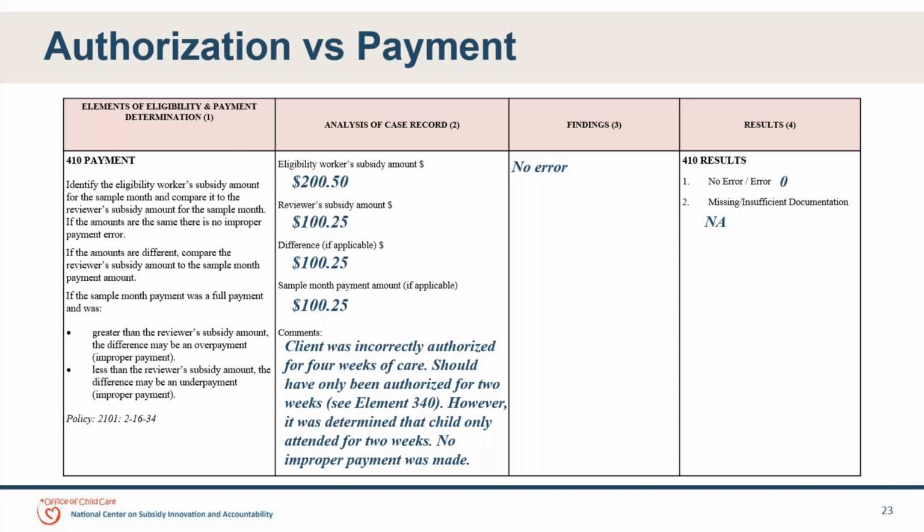So in every instance, the eligibility worker subsidy amount would be the amount at eligibility or redetermination that included the deduction of the parent fee. So every payment is going to be wrong, but it's going to be within the policy. So how will we be coding that? Or is that an offline discussion?